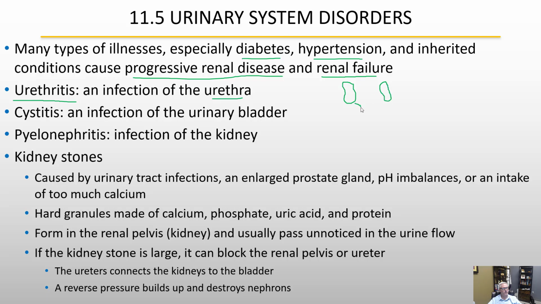And then we have these things coming off the kidneys called the ureters that attach to the bladder. And then the bladder has a urethra, and then we pee out of the urethra to the outside world. So urethritis is an infection of the urethra. So the urethra would be there.